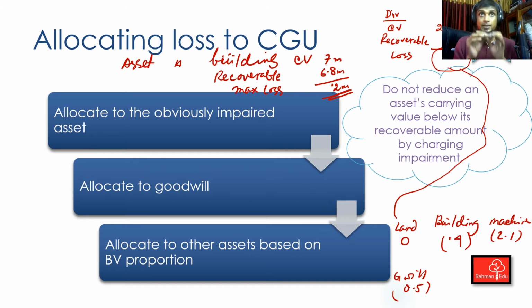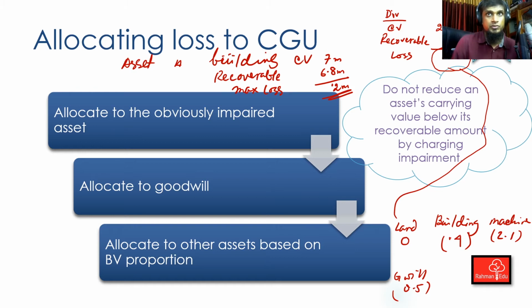When you know that equation, the carrying value and the recoverable amount for an asset, the loss is the difference. Not more, not less. Exactly the same. Yeah, for that asset. For other assets, you do not know, like a subsidiary has thousands of assets and you didn't calculate carrying value and recoverable amount for those thousands of assets.